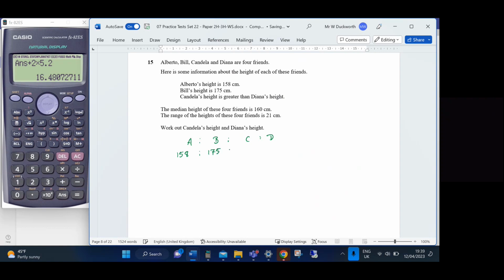Candela's height is greater than Diana's height. I'll come back to how I express that in a moment. The median height of these 4 friends is 160. The range of heights of these 4 friends is 21 centimeters. Work out Candela's height and Diana's height.